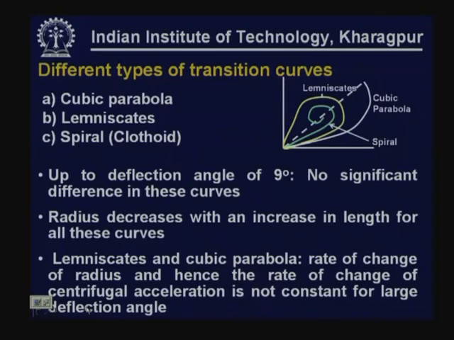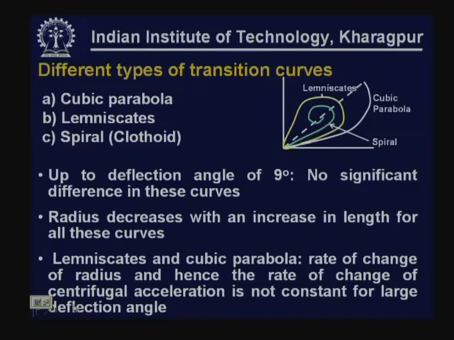By large deflection angle we mean beyond 9 degrees, because up to 9 degrees all three types of transition curves are very similar. For larger deflection angles, in the first two types of curves the rate of change of centrifugal acceleration is not constant.